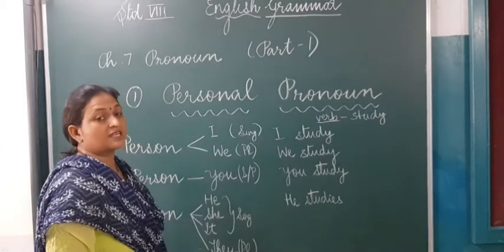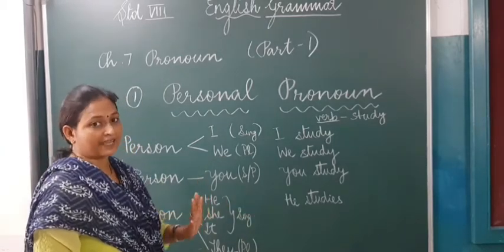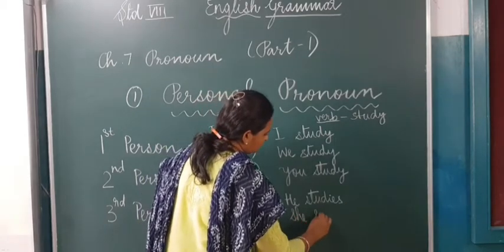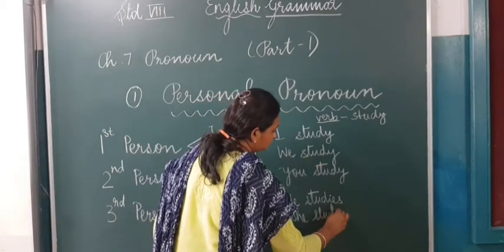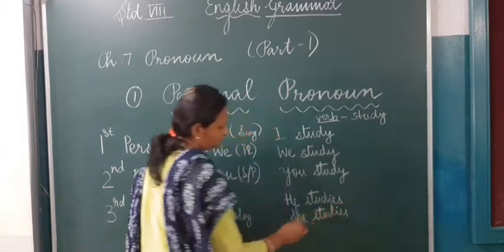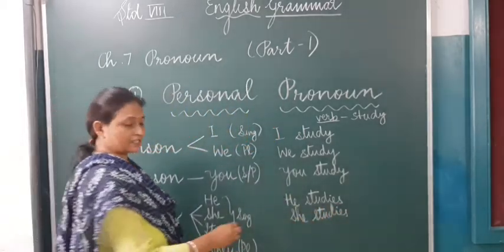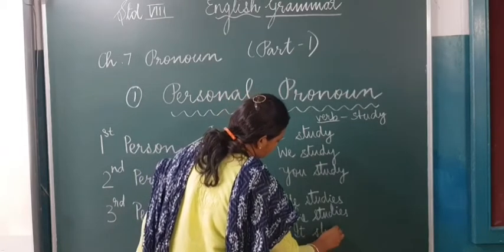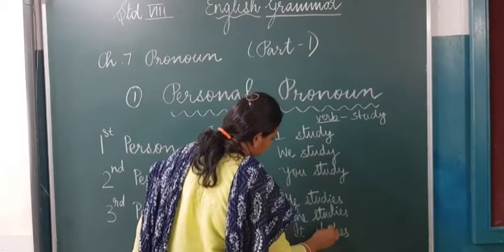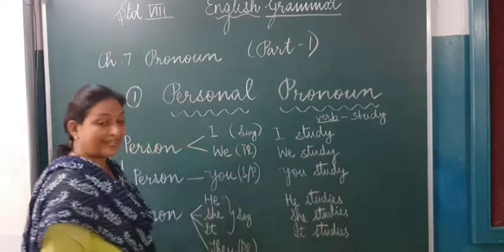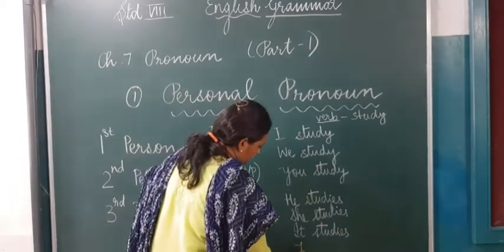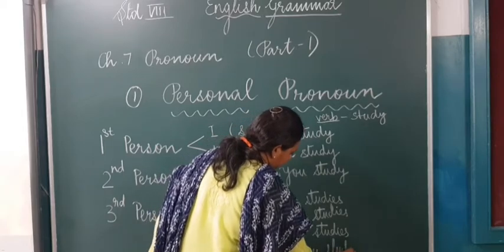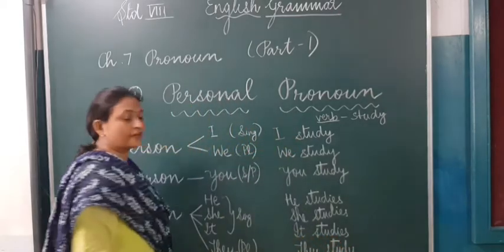Third person singular number में वो s आएगा. She studies. Okay, it studies. They study. Is it clear, children?